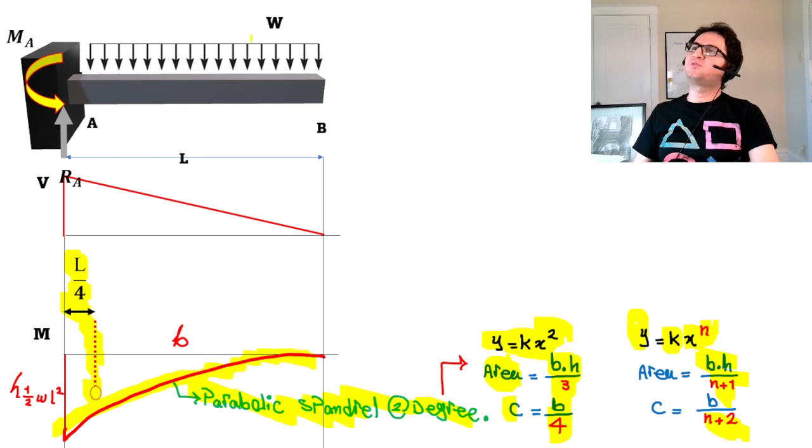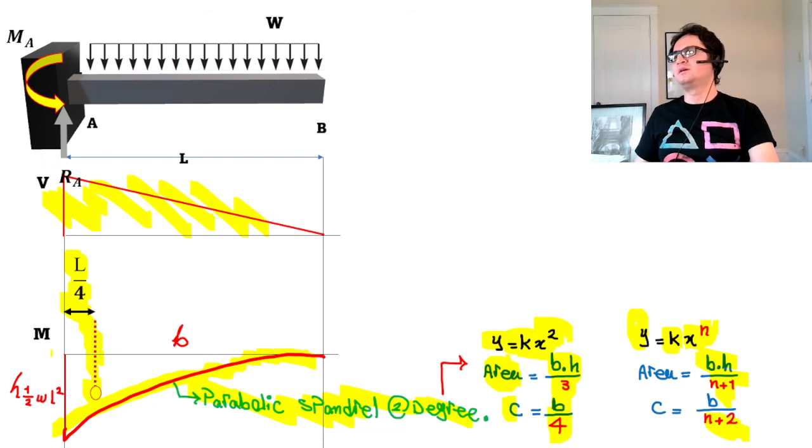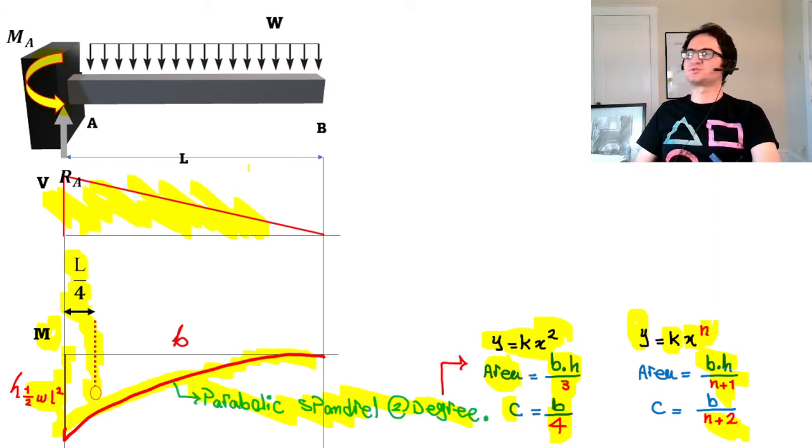Again, if you don't want to do the math, the area under shear, which is WL, gives the amount of moment. So that's a half of WL squared area under here. The reason it goes down is that this is a negative bending. We'll talk about that soon. Thank you.